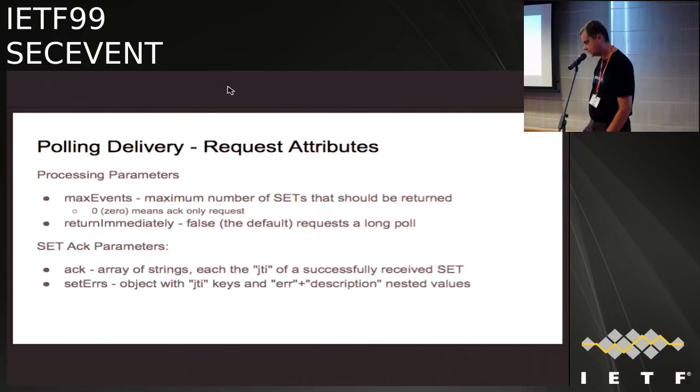And also the request can have two arrays, an ack array, which specifies all the sets that have been successfully received, and then a set errors, which is another array which defines all the sets that had errors, and then there is a nested JSON object there describing the error for each of those sets.